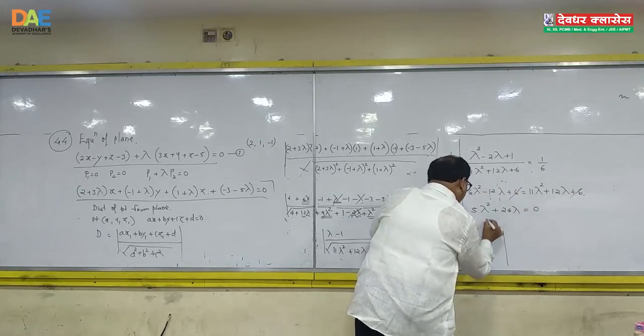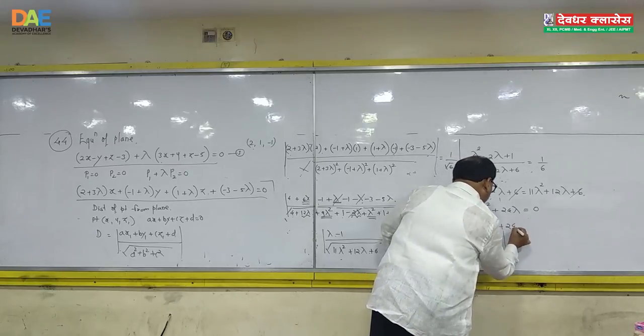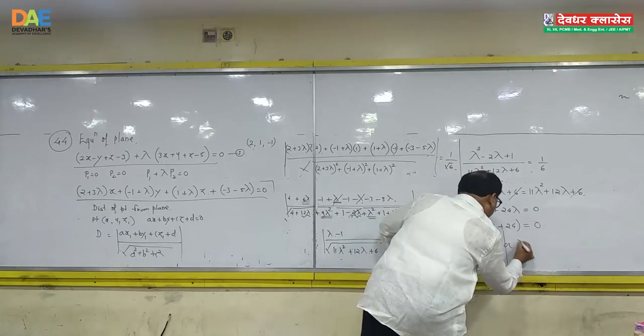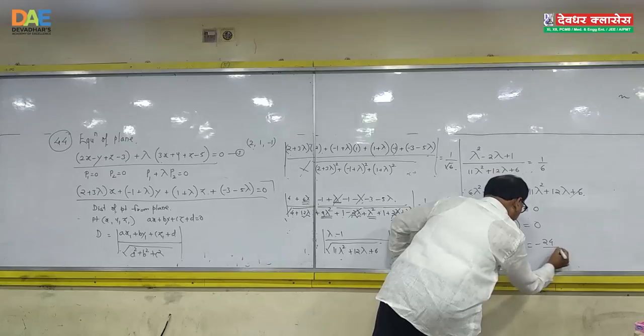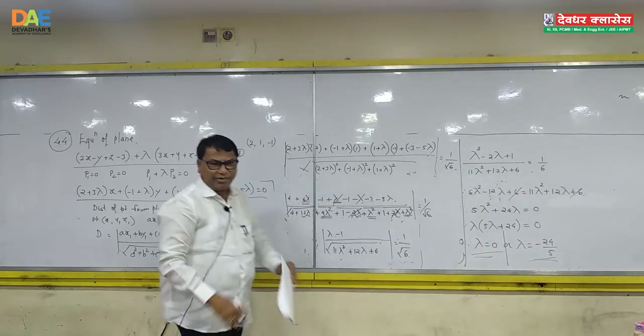Take out the λ common: λ(5λ + 24) = 0, and therefore λ is equal to 0 or λ is equal to -24 upon 5. In this way we find both the values of λ here.